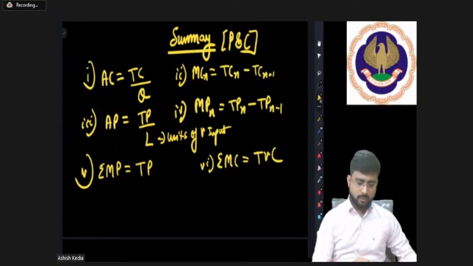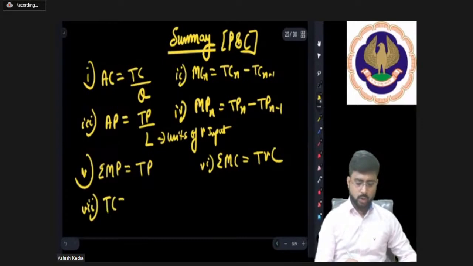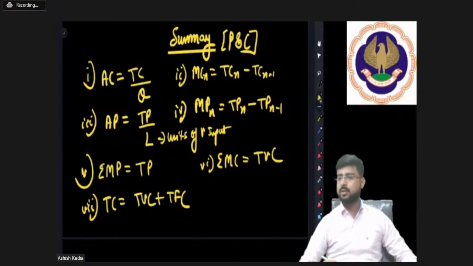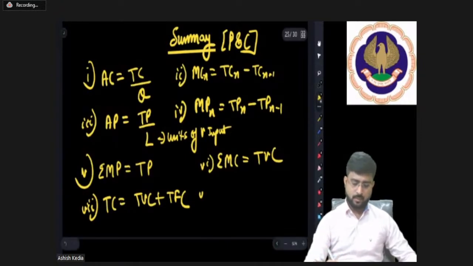Okay. Next point, number 7. Total cost equals total variable cost plus total fixed cost. Write it down, everybody. Keep the work on. Point number 8: total cost equals average cost into quantity.